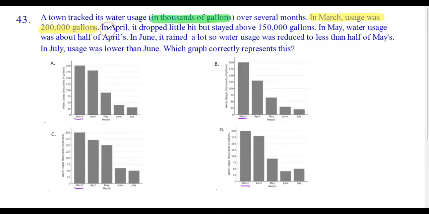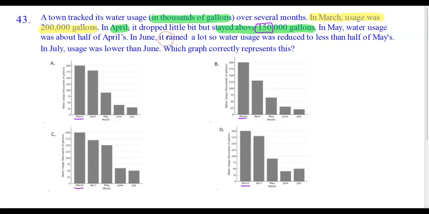Let's move on. In April, it dropped a little bit, but stayed above 150,000 gallons. I'm just looking for 150 because it's measured in thousands of gallons.